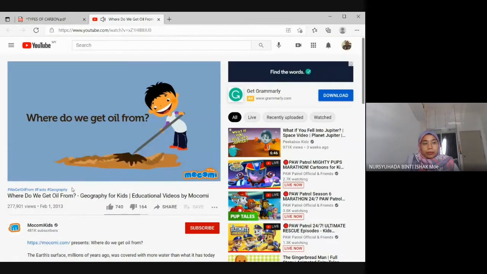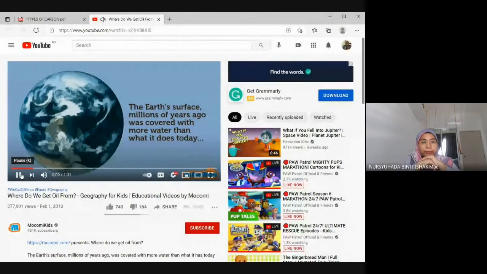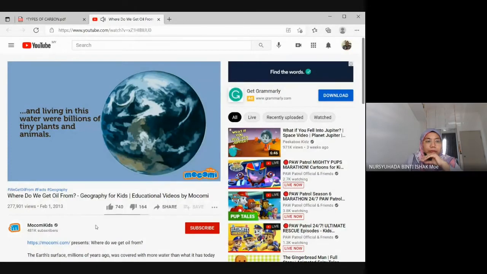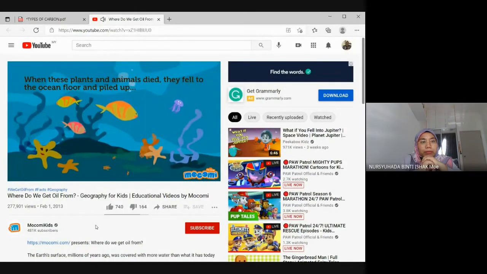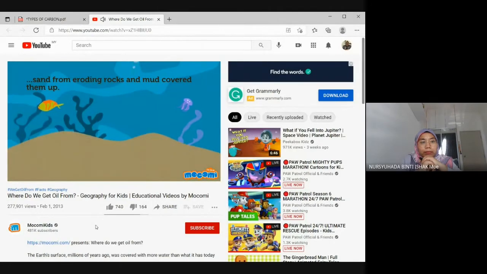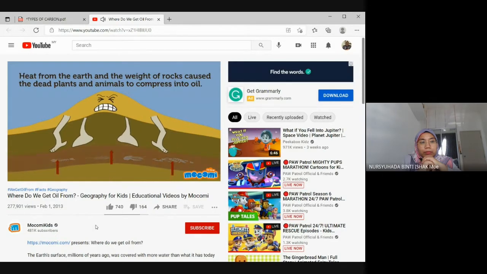Where do we get oil from? Dengar tak? Kalau dengar, cikgu nak sambung pasal. Alright, very good. The Earth's surface millions of years ago was covered with more water than what it does today. And living in this water were billions of tiny plants and animals. When these plants and animals died, they fell to the ocean floor and piled up. Sand from eroding rocks and mud covered them up. These layers of sand and mud were heavy, and this weight turned them into sedimentary rocks. Heat from the earth and the weight of the rocks caused the dead plants and animals to compress into oil.